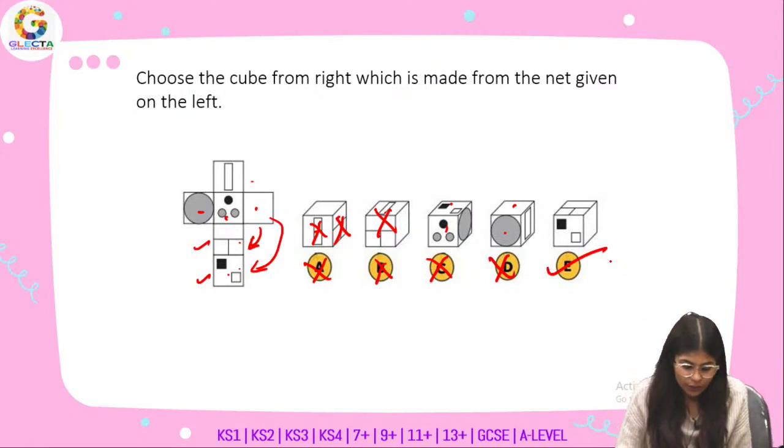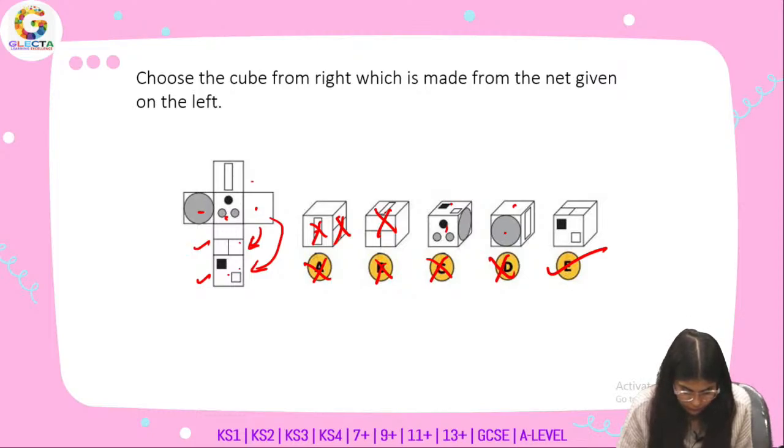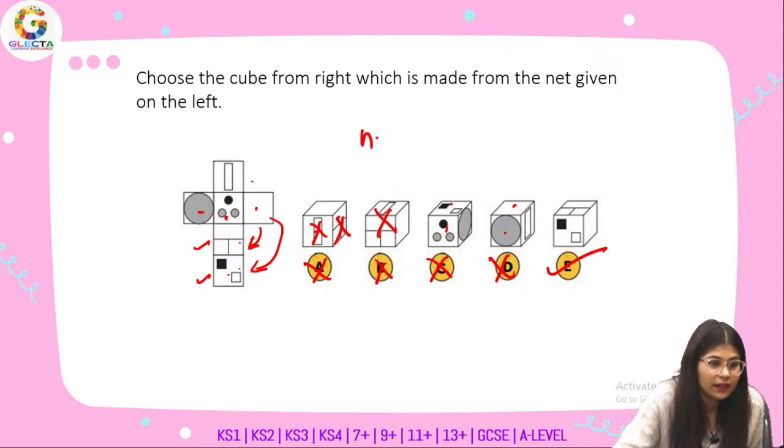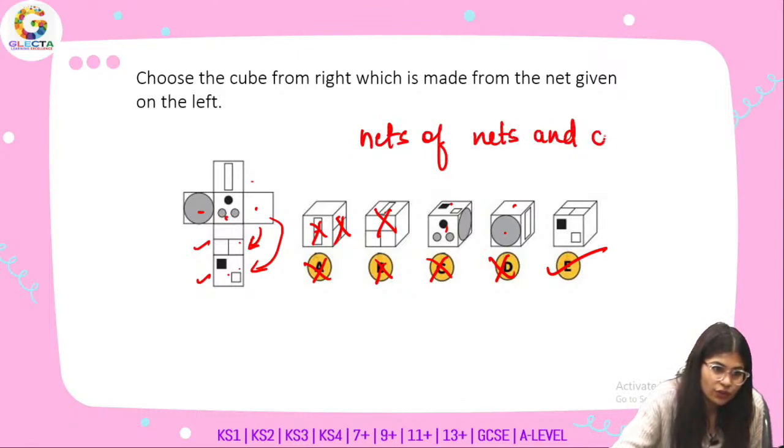Now coming to Anjali's question. You have to write net of net and cube.